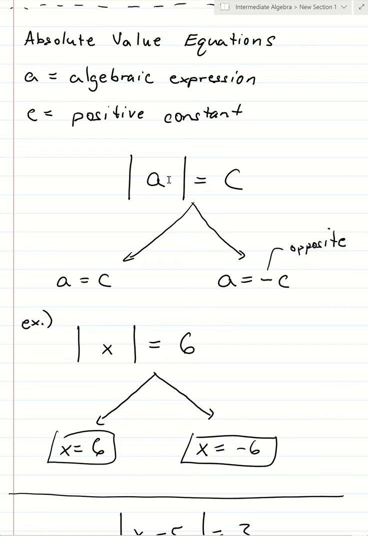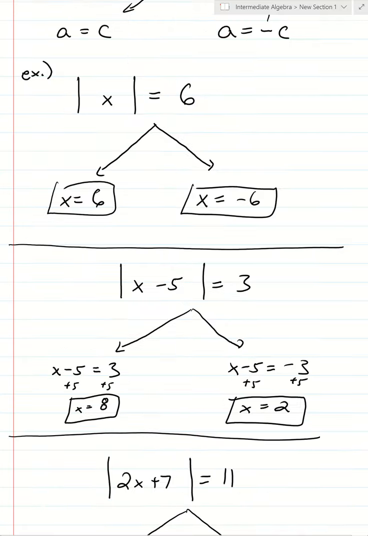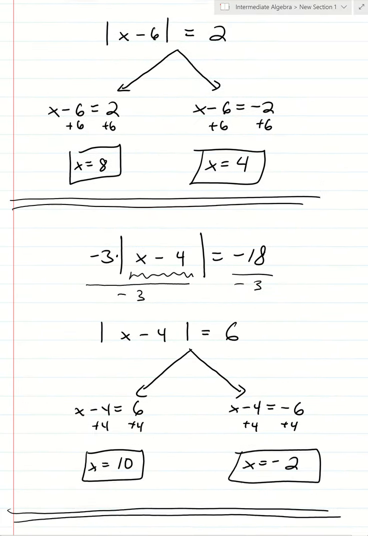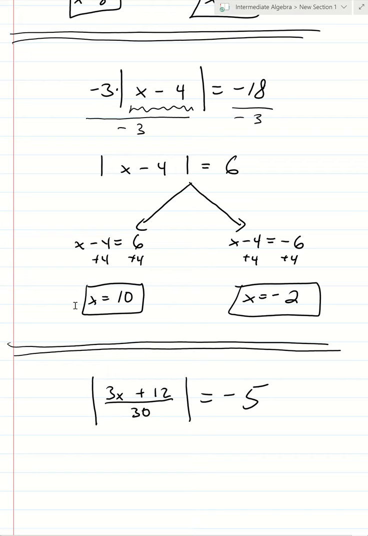We said that A is the algebraic expression and C is a positive constant. Well, if we were to look at this last example here, we do have a very scary and complicated looking algebraic expression. But what we don't have here on the right side is a positive constant. We have a negative constant.